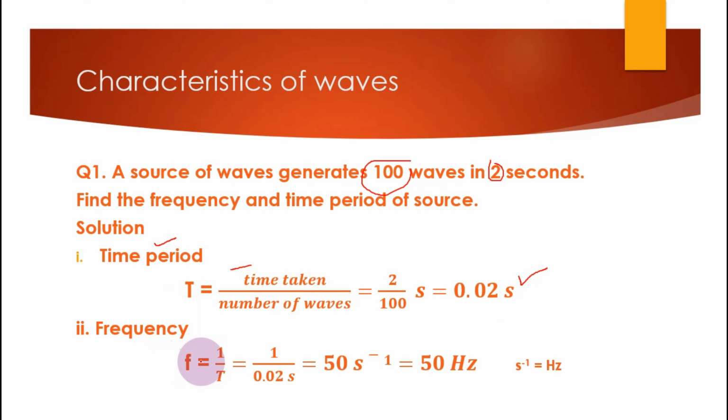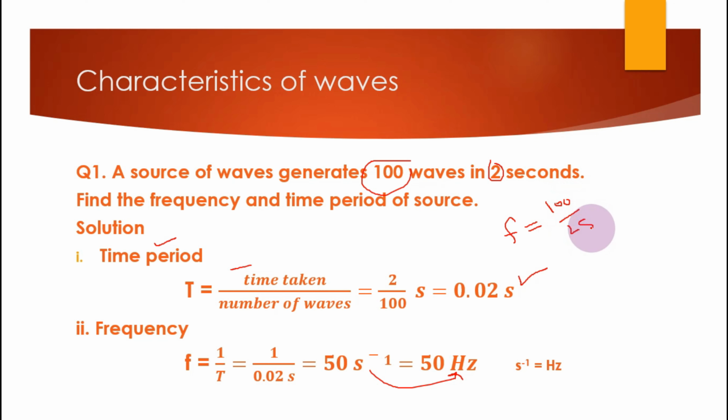Frequency of waves is f = 1/T, meaning 1 over 0.02 seconds. This second moves up to the numerator from the denominator, and it becomes s⁻¹, which is hertz, and 1 over 0.02 gives you 50. So the frequency is 50 Hertz. We can also calculate frequency like this: the frequency of the source will be equal to the number of waves, which is 100, divided by the time taken, which is 2 seconds.